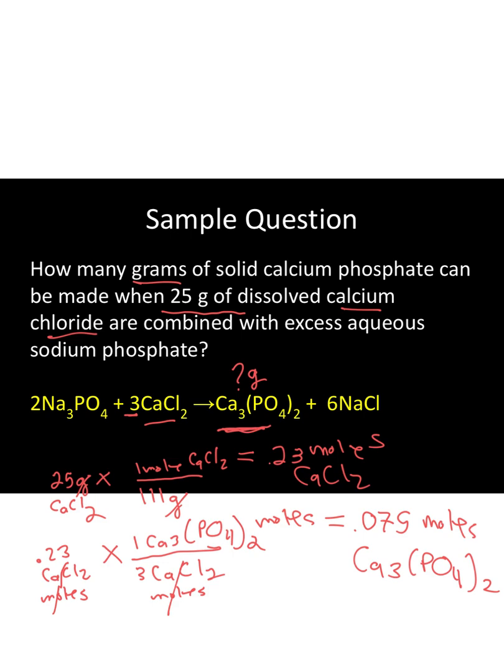Okay, so not quite done because I still just have the moles, and the problem's asking for grams of solid calcium phosphate. So we have one more step to go.